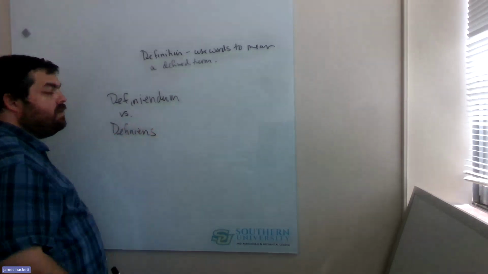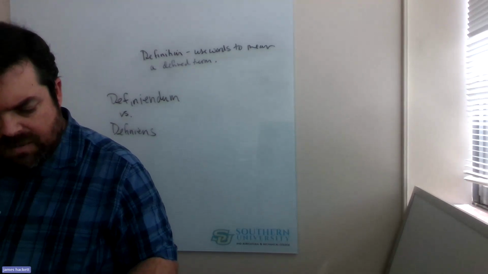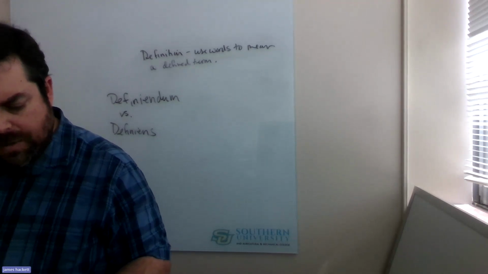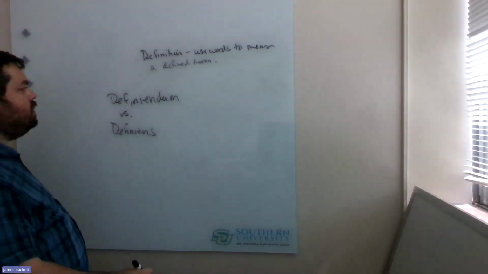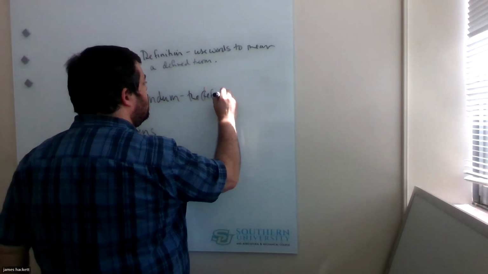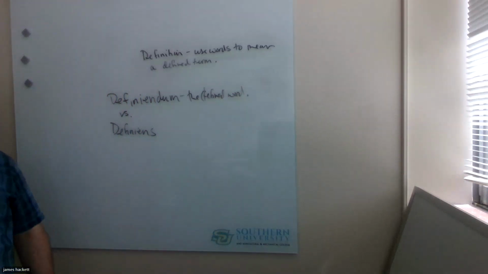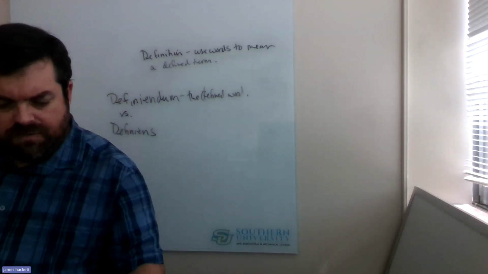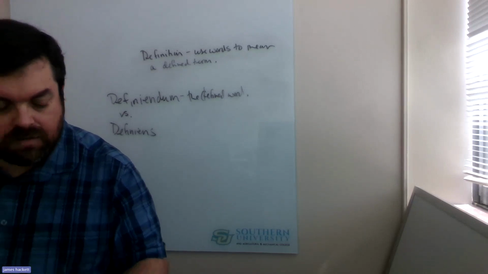These are obviously Latinate terms. But the definiendum is the word or group of words that's supposed to be defined. This is the object of definition, the defined word, or the word defined. Make it simple. That's the object, and the definiens is the word or group of words that does the defining.